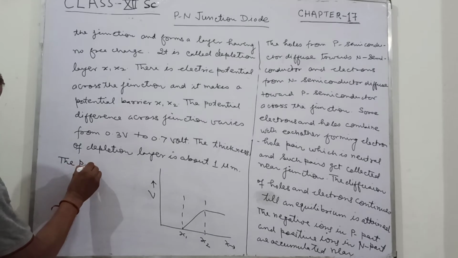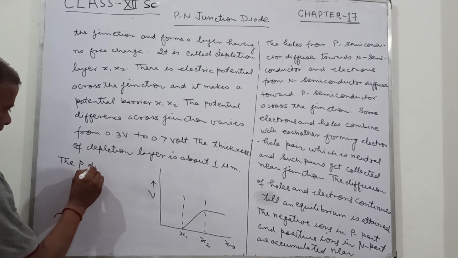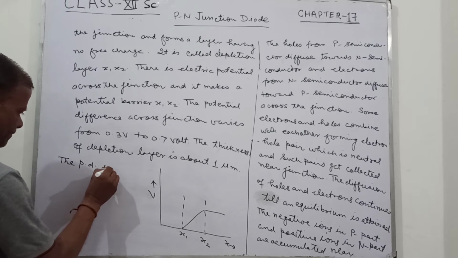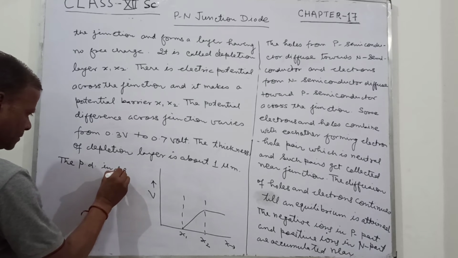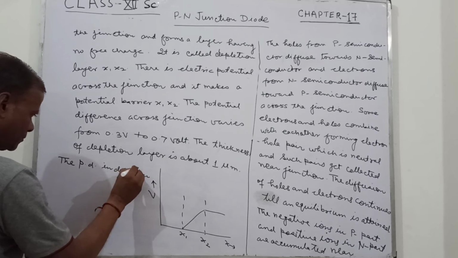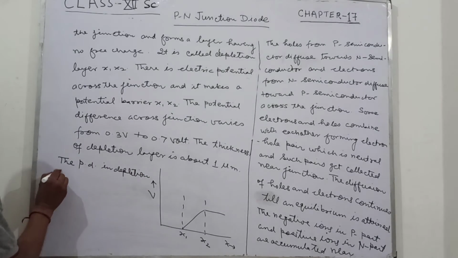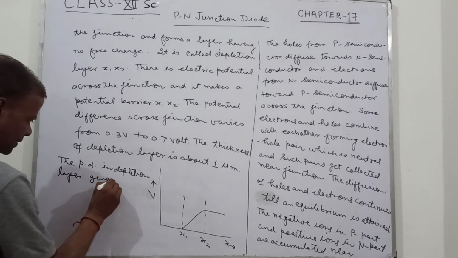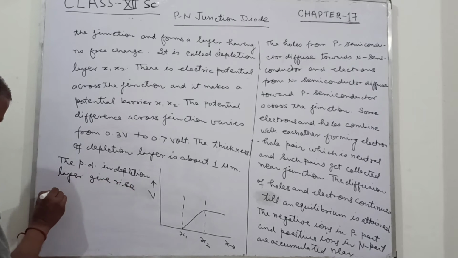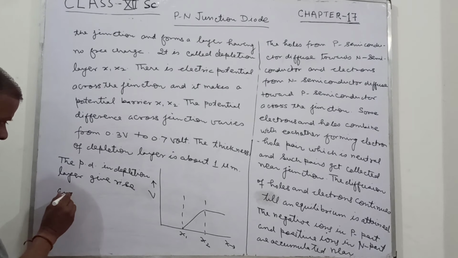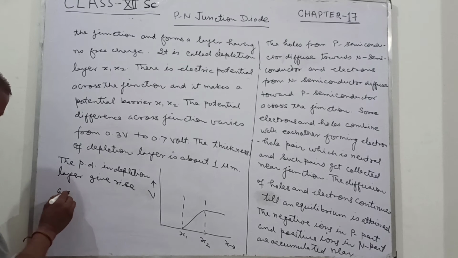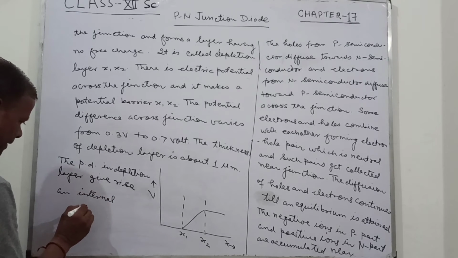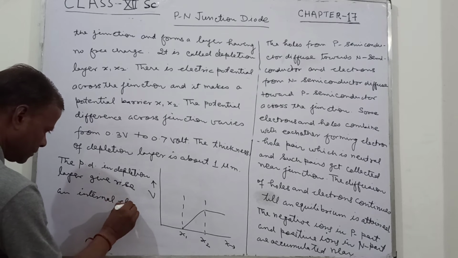The potential difference in the depletion layer gives rise to an intrinsic and internal electric field.